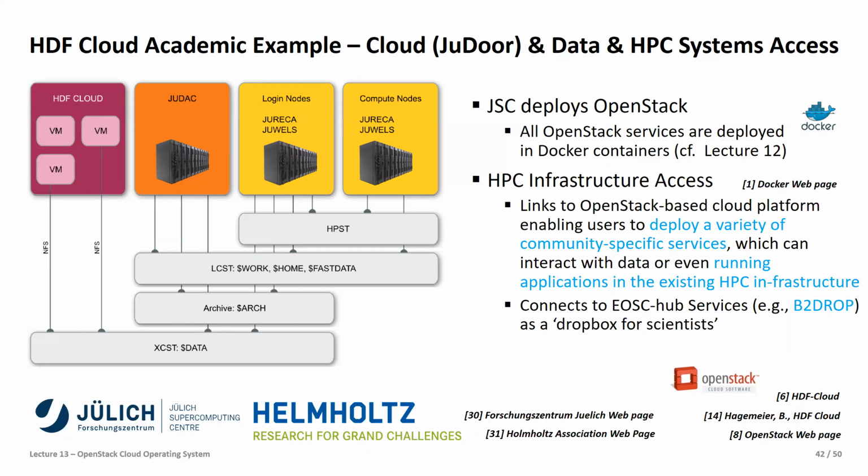But it is an excellent way of showing you how you can combine now cloud with high performance computing systems, and actually how to also use OpenStack for it. And it's interesting to think about that all of that, what you see there, is essentially OpenStack services that are deployed in Docker containers again. So this is an interesting aha effect. So indirectly, again, we have our containers. We use OpenStack to create our own HDF private cloud, essentially to contact also here the public cloud.